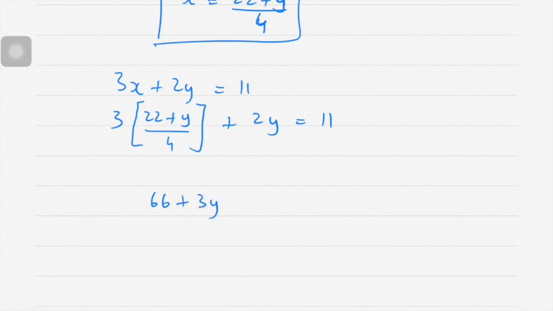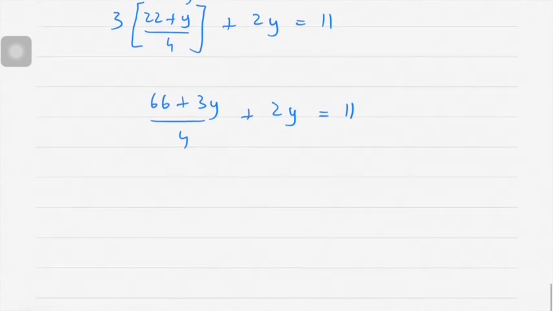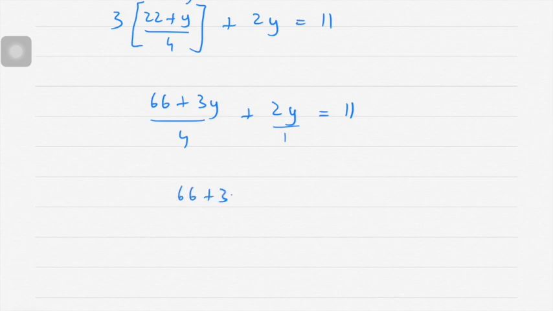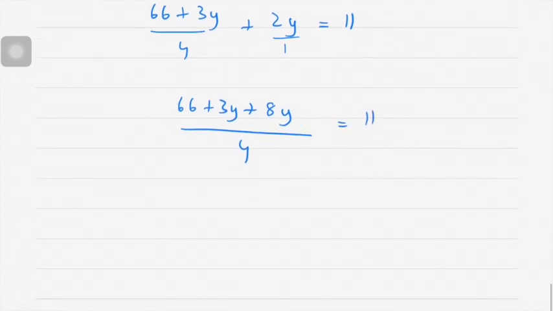Now let's open the bracket. 3 into 22 is 66 plus 3y upon 4 plus 2y is equal to 11. Here let's cross multiply. 2y means 2y upon 1, correct? So 66 plus 3y plus 4 into 2y, which is 8y, upon 4 is equal to 11.